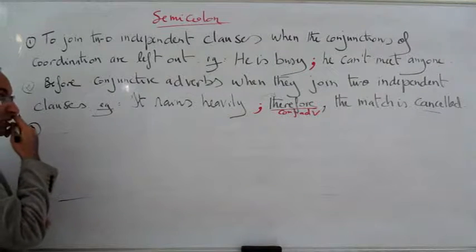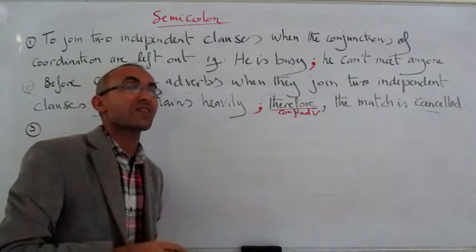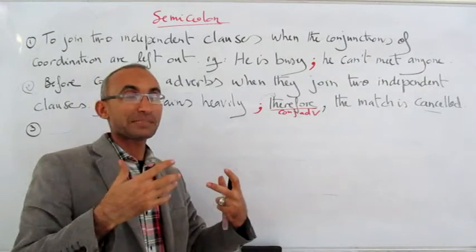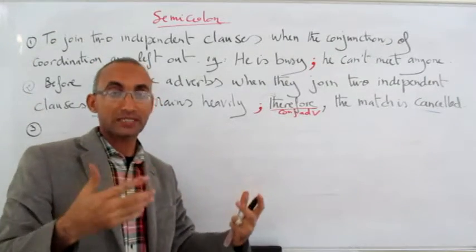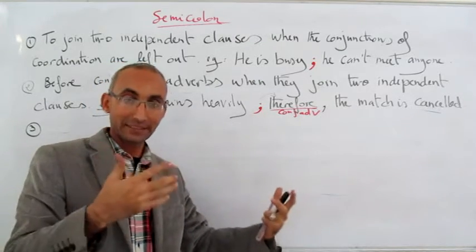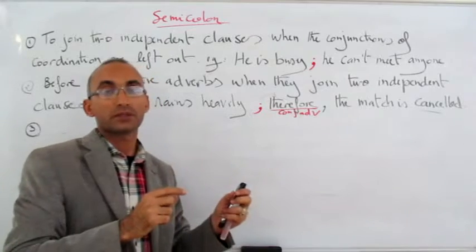Third case also always comes within the same type of clauses. So we said that you can join independent clauses by means of what? Fanboys, or conjunctions of coordination. And these, of course, we said should be preceded by a comma.